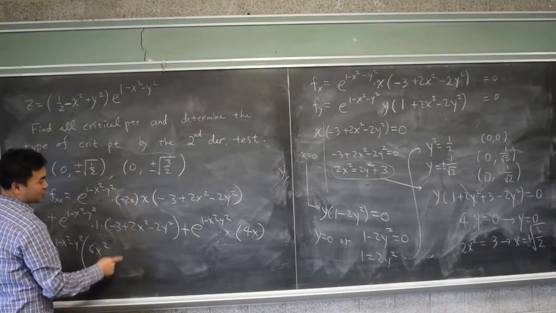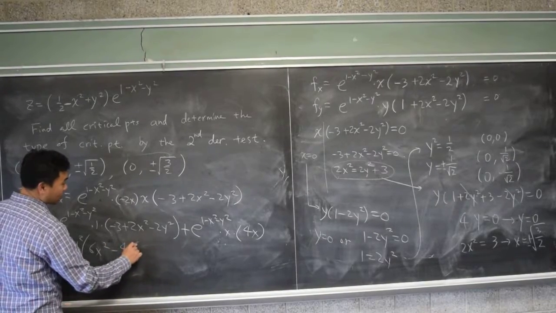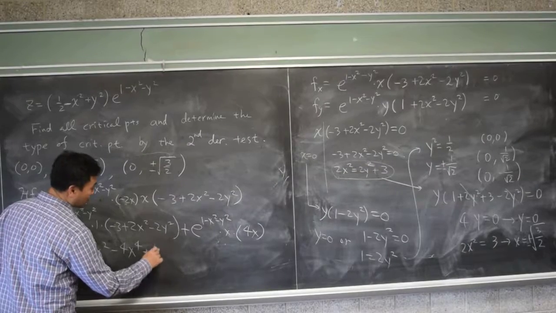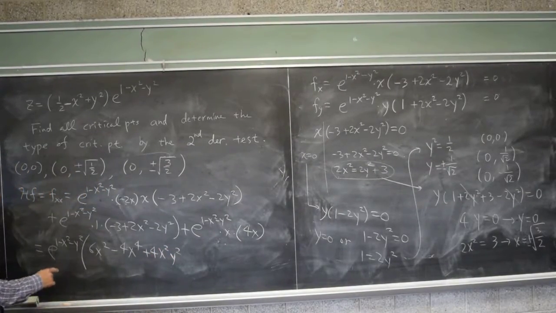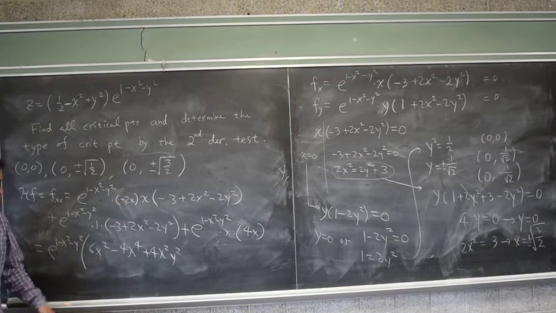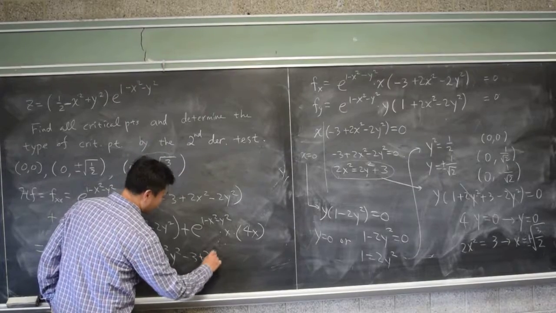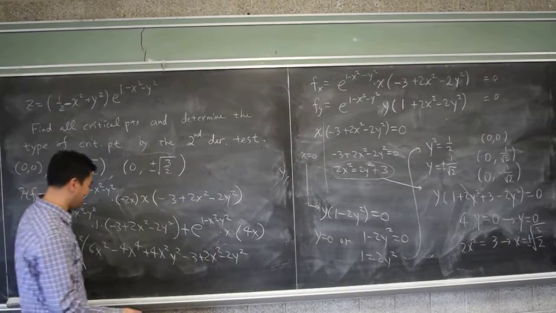Negative 2x squared times plus 2x squared, so it's minus 4x to the 4th. And then plus 4x squared y squared. That's what I get by multiplying everything out here. And then minus 3 plus 2x squared minus 2y squared. And the last one is plus 4x squared.